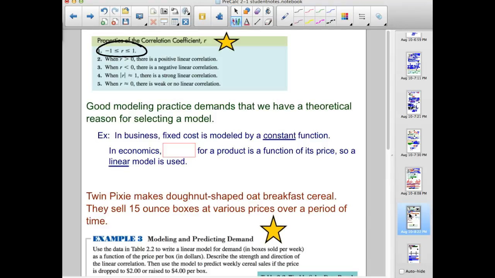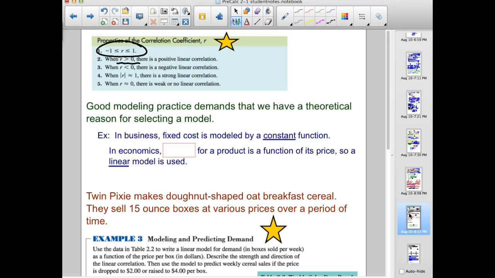If R is +1 or -1, it means that every single point of your data lines up on that line. It's a perfect fit. Positive means you have a positive slope. -1 would mean a perfect fit, but a negative sloping line.